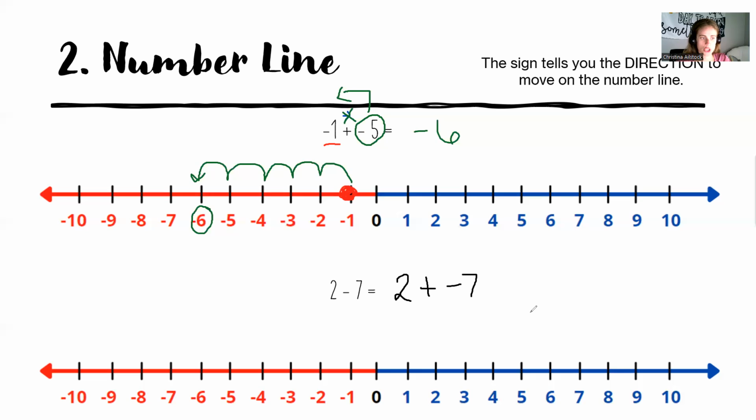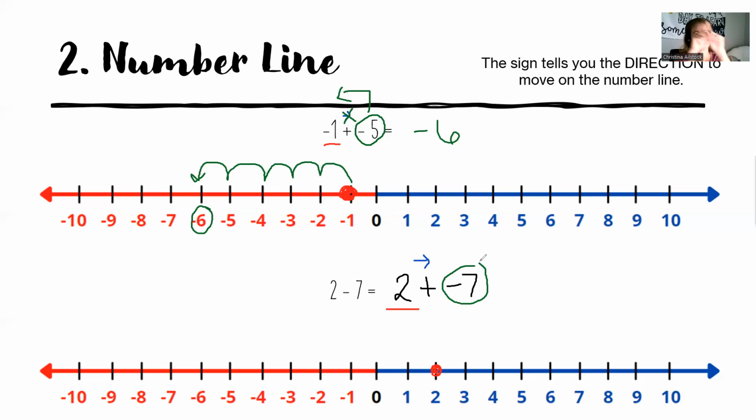Now we're ready to use that number line. First number tells us where we start, at a +2. And then the plus sign says, all right, we're adding, let's go to the right. But we're adding a -7. Uh-oh, that negative there says, no, no, no, we've got to do the opposite.